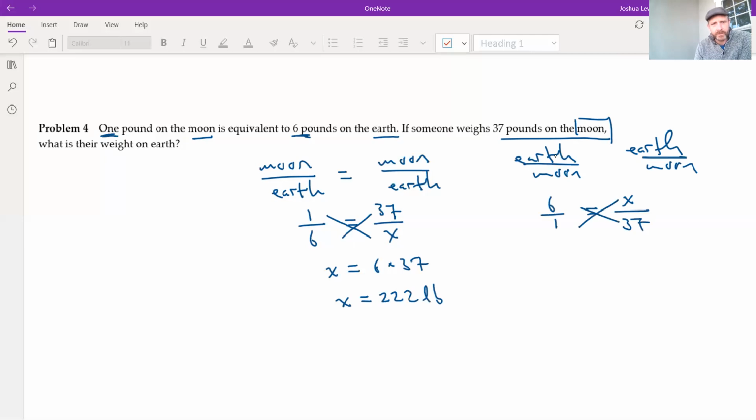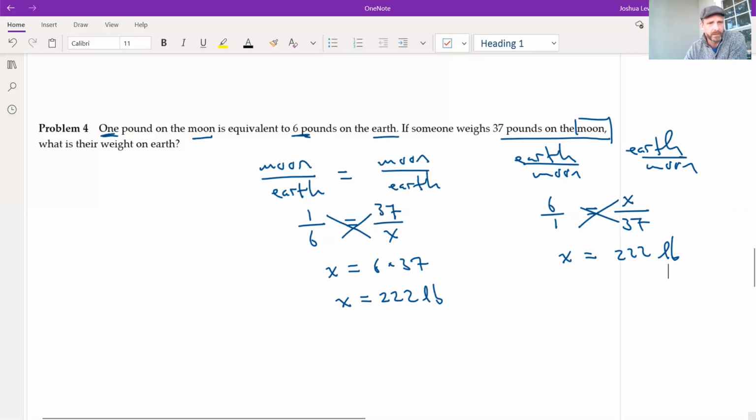Notice, when you cross multiply, you have the same products, right? And so there you have it, okay? So don't get too caught up in having to do one on top and one on the bottom. Just make sure that you're consistent. If you're going to put the moon weight in the numerator, then both ratios have to have moon weight in numerator and earth weight in denominator, and vice versa.